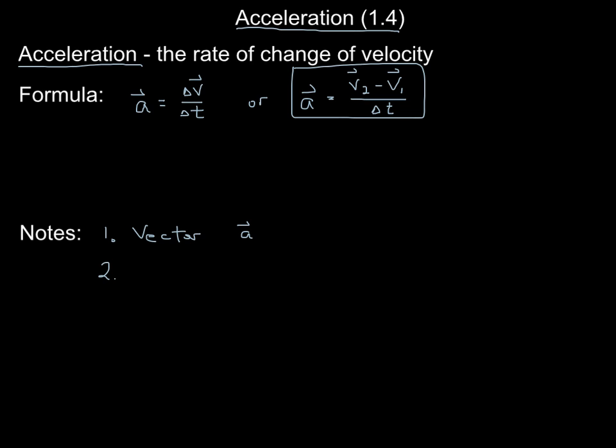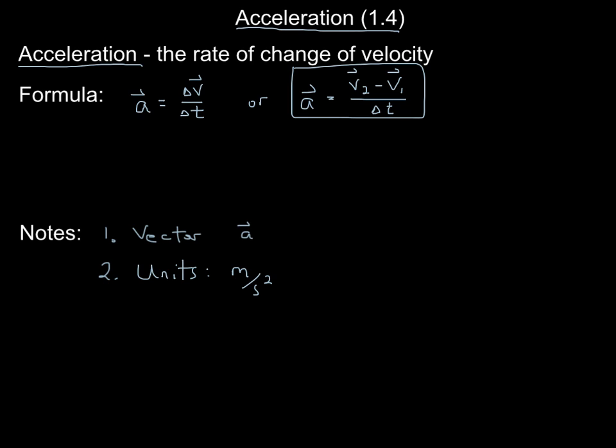Second thing, if you think of the units, if you look at the top here, velocity is measured in meters per second, at least that's the base unit, and time is measured in seconds. So the units are meters per second squared. And that sometimes seems like a funny unit.